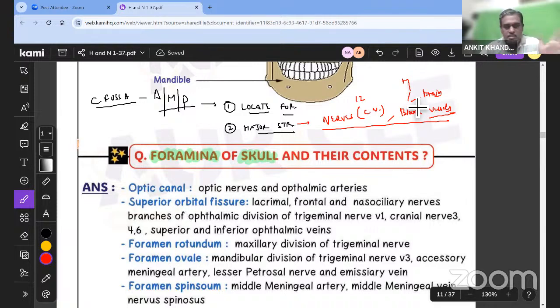Sir, why not lymphatics? Brain is devoid of lymphatics. Remember that. Or apart from the vessels, we will have the nerves. Not the typical spinal nerves, but the 12 cranial nerves passing through there. These are the two things that we should be knowing. I hope this point is clear.